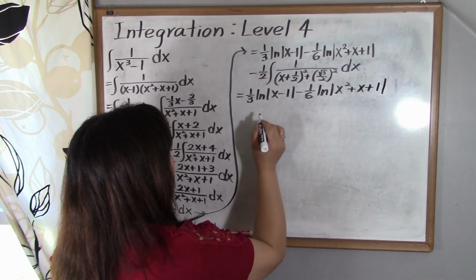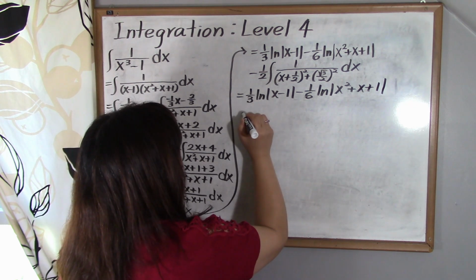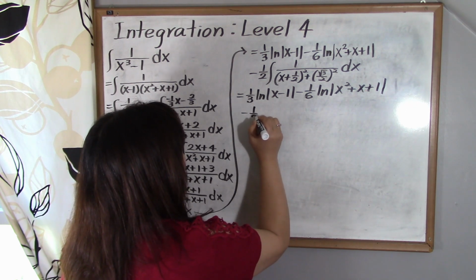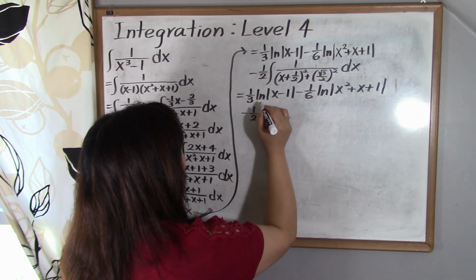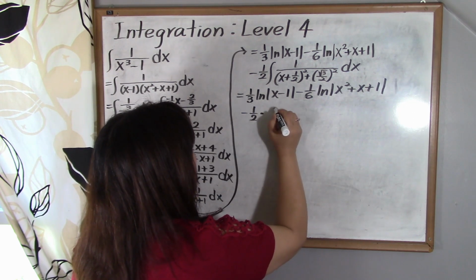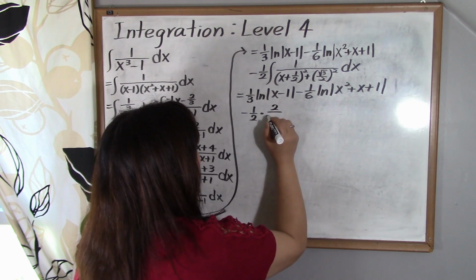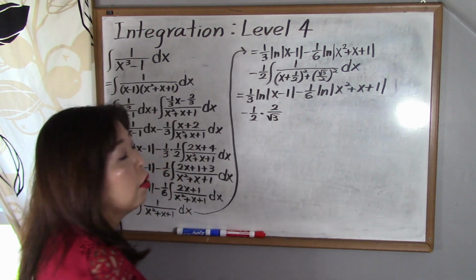And then this one, minus 1/2 times 2 over square root of 3, right?